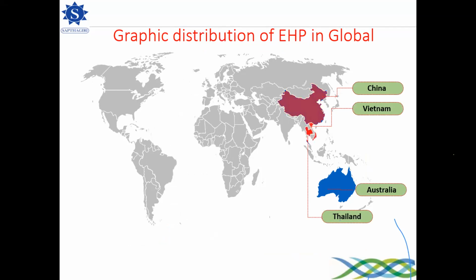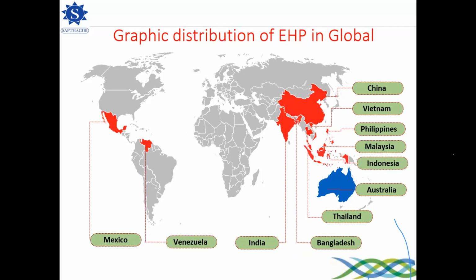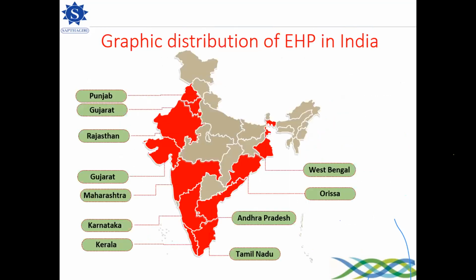EHP was first characterized in detail and named as a new species in 2009 from Thailand. Now EHP is reported in almost all of the shrimp aquaculture active areas. In India, EHP is reported in both coastal states as well as inland states.